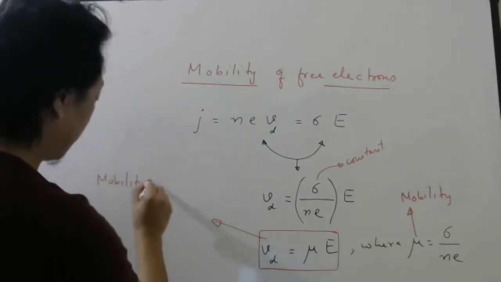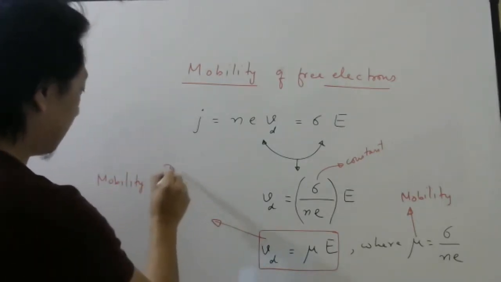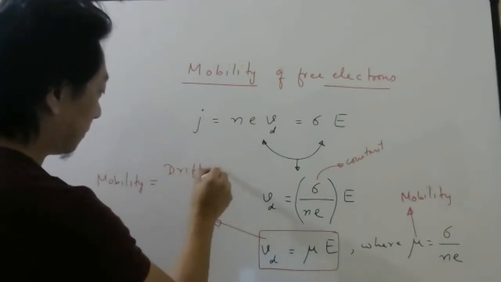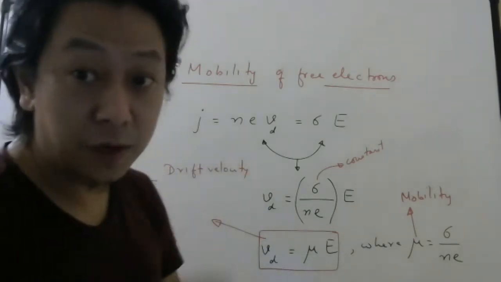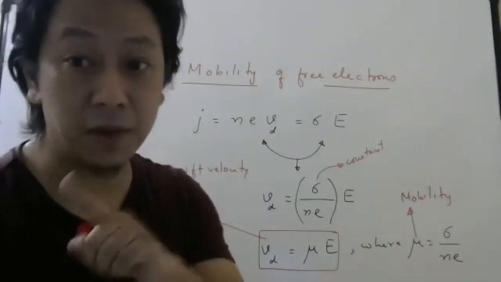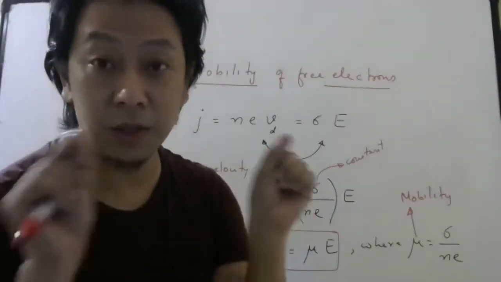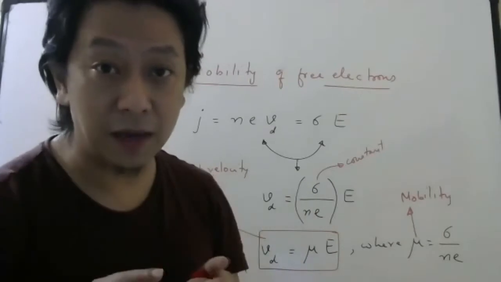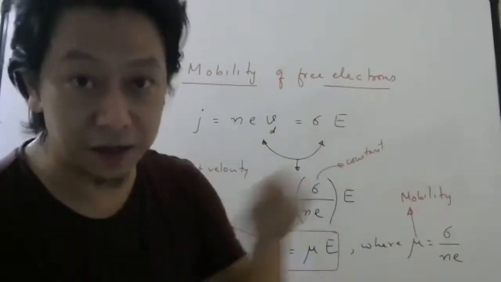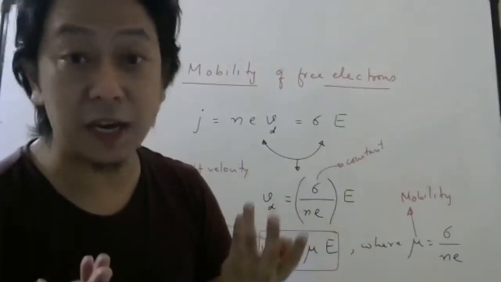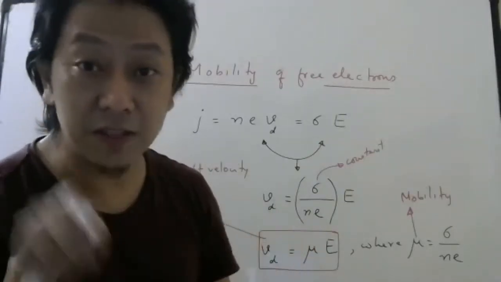So according to this formula, what is mobility? Mobility is the ratio of drift velocity which electrons acquire when you apply electric field. Remember, if you don't apply electric field with the battery, if you don't apply potential difference which produces electric field, then the electrons are moving randomly, so average velocity was 0.